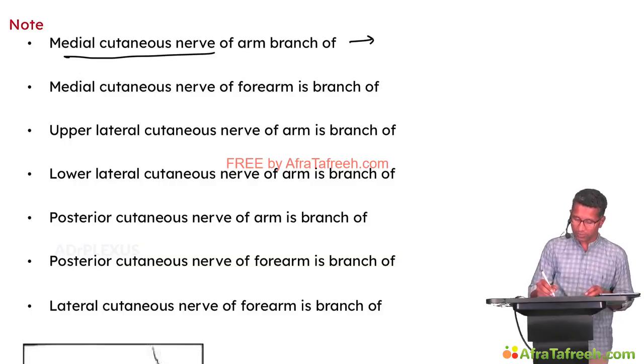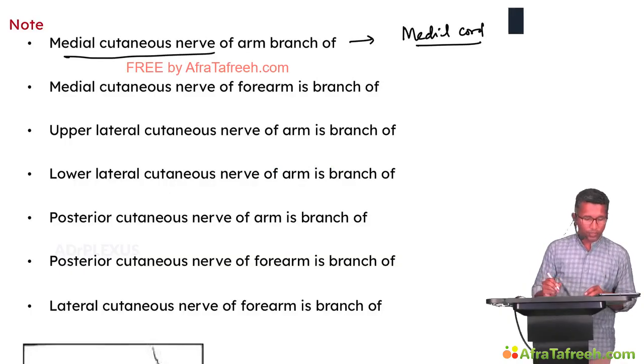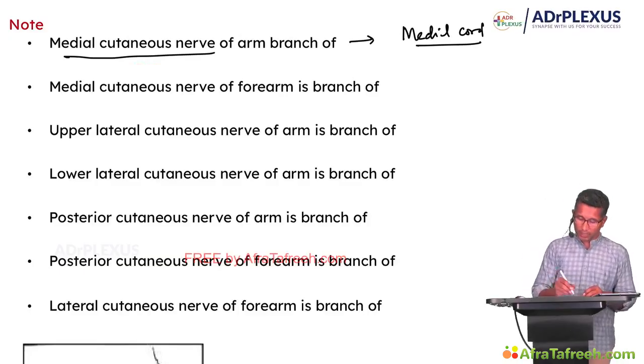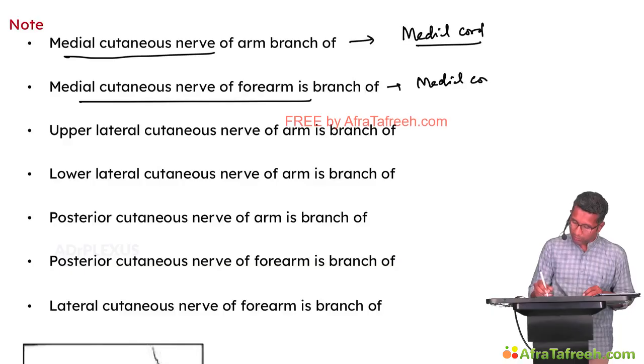It is a branch of the medial cord of brachial plexus, which gives rise to the medial cutaneous nerve of the arm. And the medial cutaneous nerve of forearm is again arising from the medial cord of the brachial plexus.